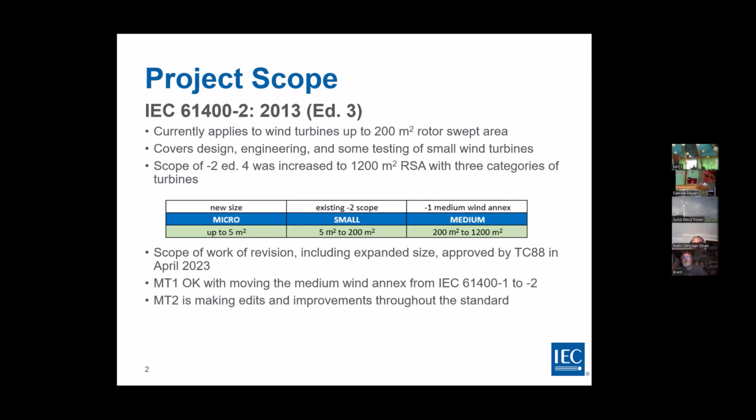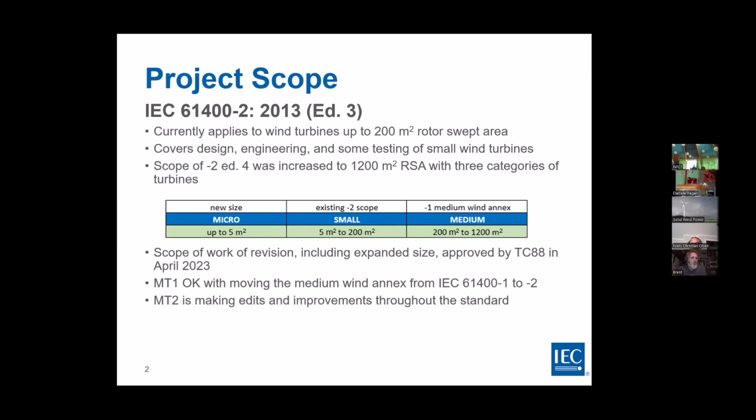And medium is that turbine class currently living in an annex in the -1 standard, limited to 1,000 square meters. And so we're bringing it into our standard and bumping that 1,000 up to 1,200 to capture a passive yaw 300 kilowatt machine that we felt should fall within our standard.